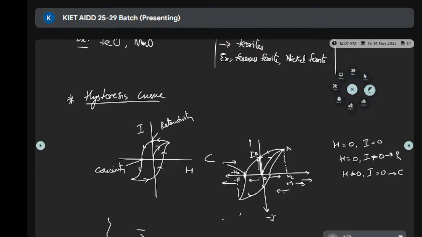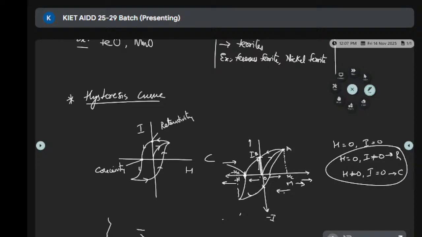This is a loop, or this is a curve. Only the curves are joined or not. So from these two things we can know, one is R, other one is C. What is R? Retentivity. What is retentivity? Retaining property. When H is 0 but I is not 0.